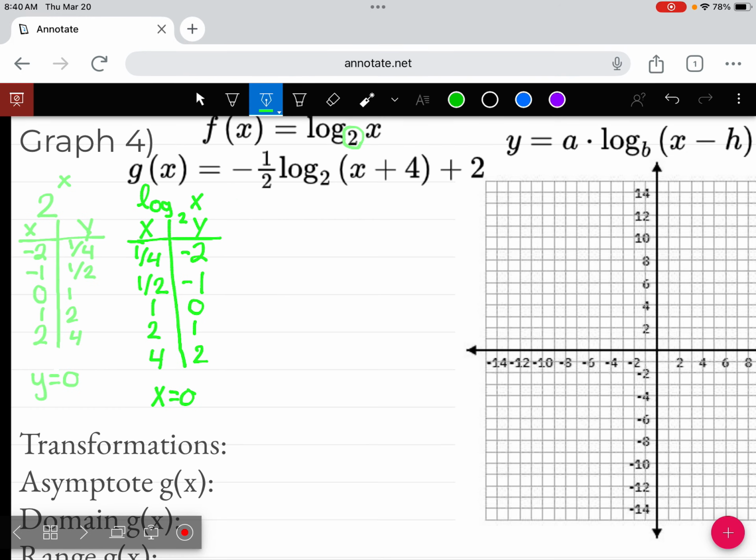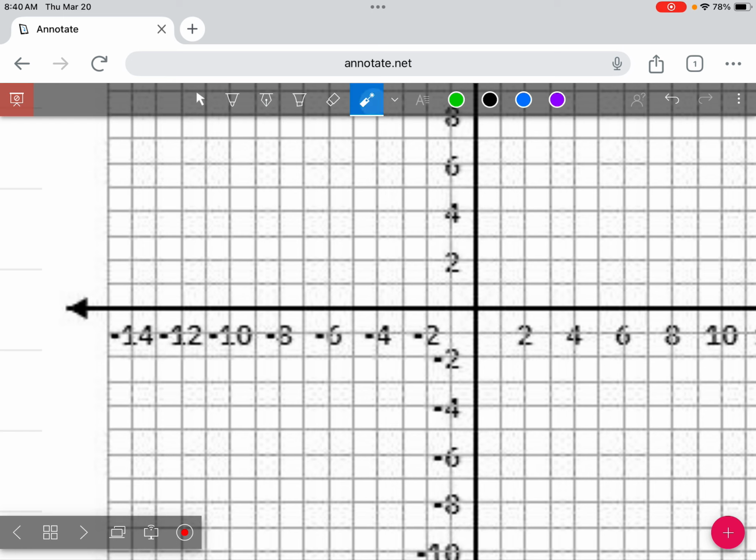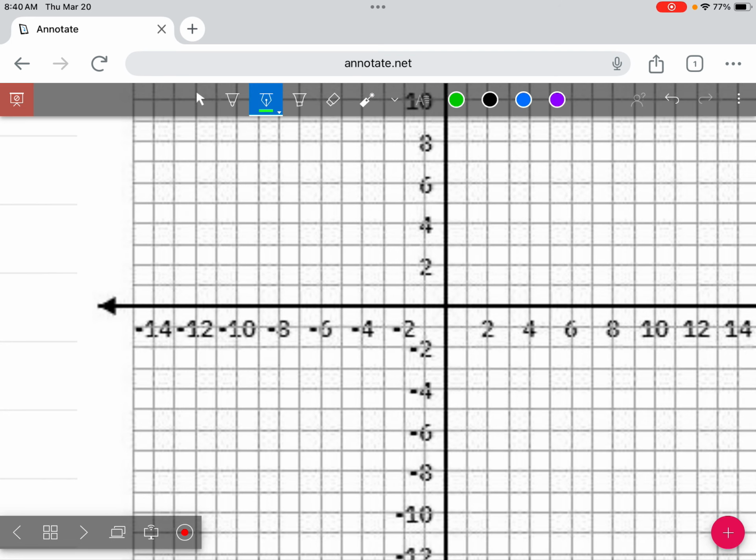Again, I am going to graph our parent function, so we are going to graph our f of x. That's this guy, that guy we just made, our parent function. With our parent functions, I almost never graph our asymptote because it is on the axis. It's this guy right here. So as long as our parent function does not crash through our y-axis, we are good to go.